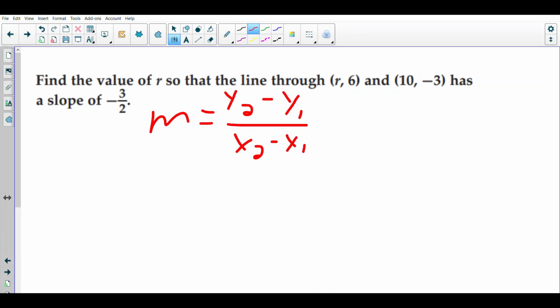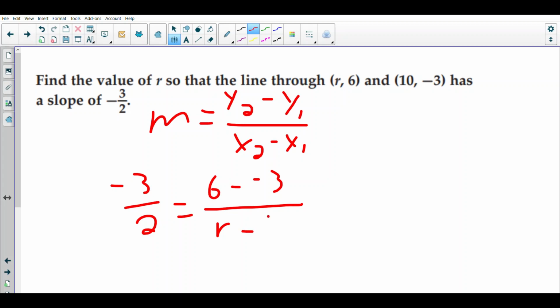I know the slope, the slope is -3/2. So I have -3/2 equals, now I'm looking for x2, so I get 6 minus -3 over r minus 10. We can do a little simplifying. Here we get 9. And now I actually have a proportion, something we've worked on in the past.